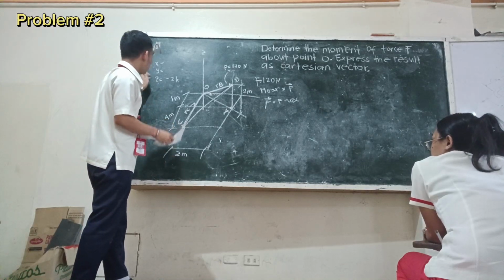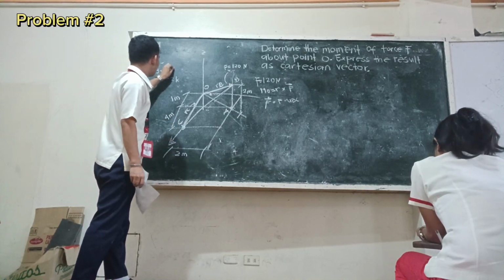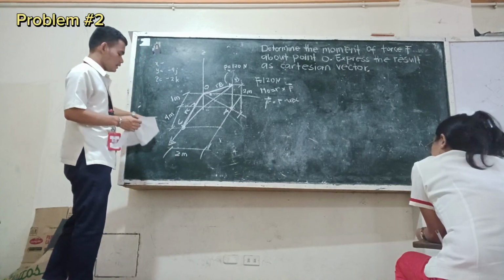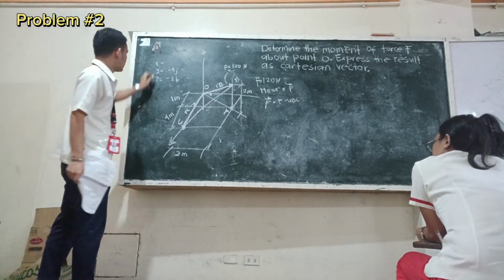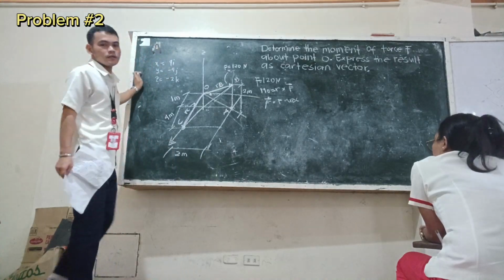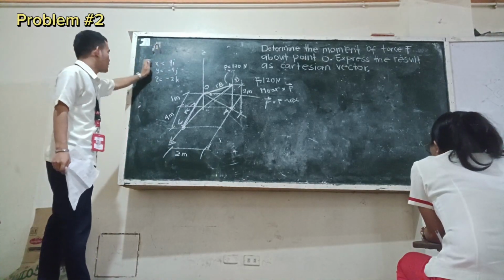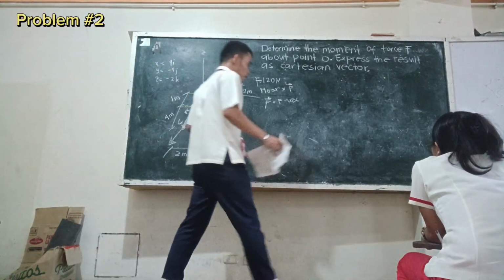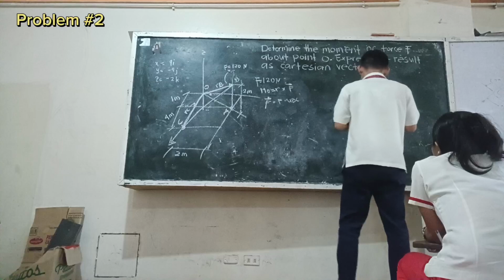The value of Y is negative 4j, and the value of X is positive 4i.